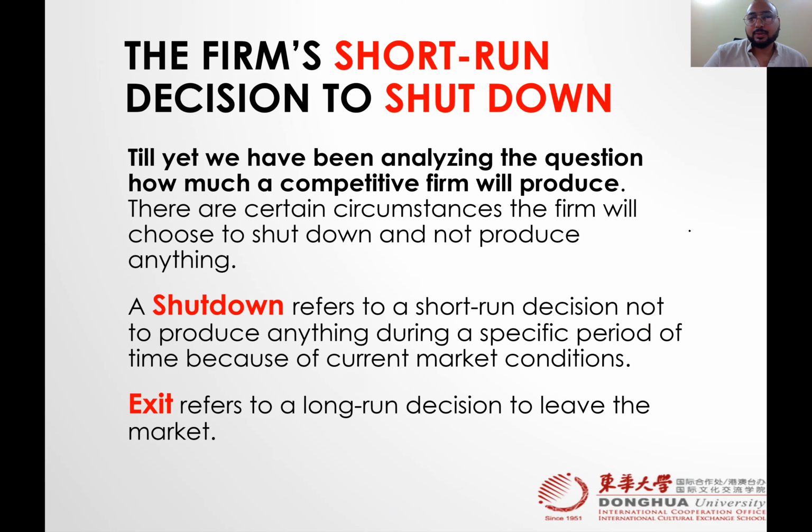And regarding the firm's short-run decisions to shut down, we'll talk about this, and then end our discussion here. We'll start in our next lecture and complete the phase of shutdown and exit.